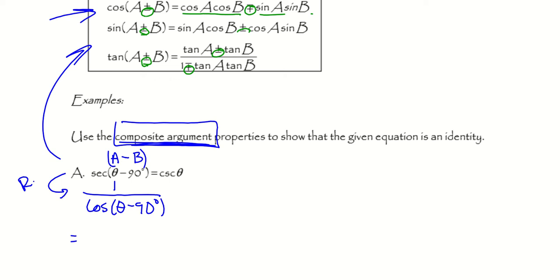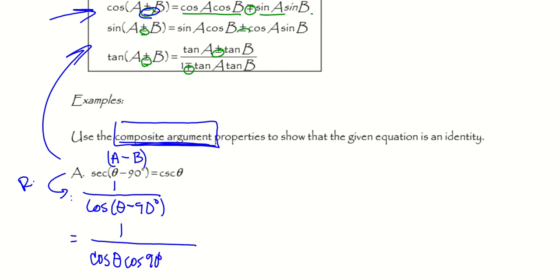So this is equal to 1 over the cosine of A minus B. So that's going to be, according to that property, the cosine of my A, which in this case is theta, times the cosine of my B, which in this case is 90 degrees.